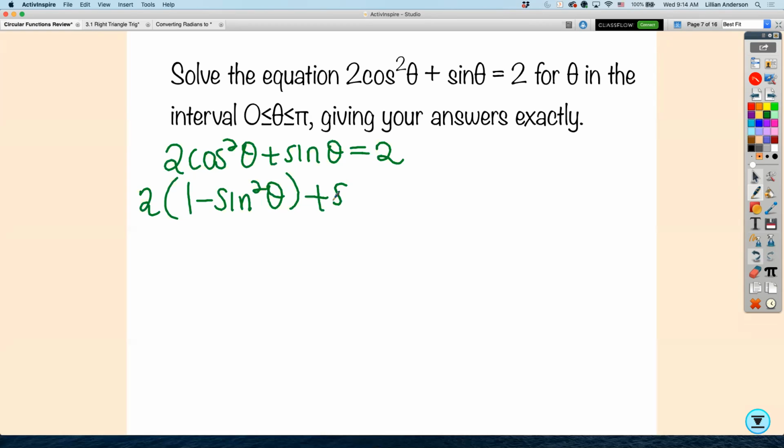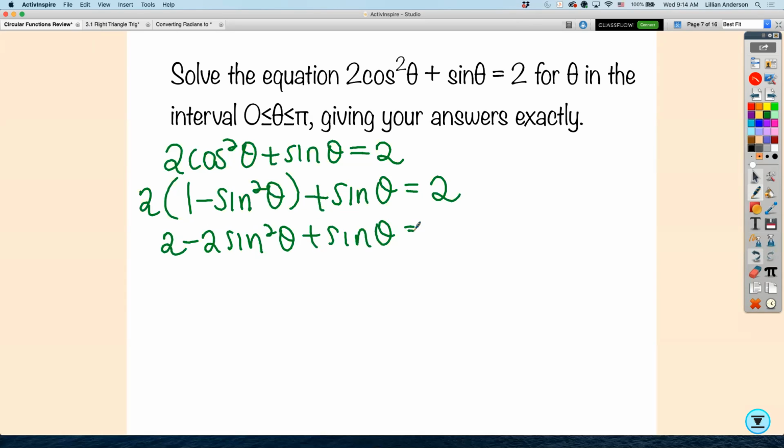And by doing that, that puts the equation in terms of sine only. And from there, we'll be able to distribute and solve accordingly. So that becomes 2 minus 2 sine squared theta plus sine theta is equal to 2.